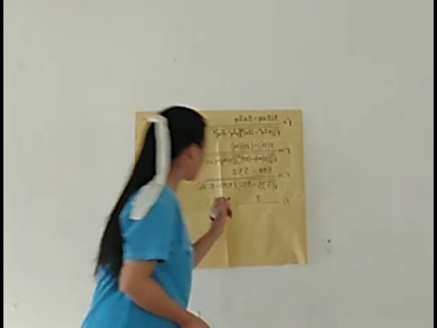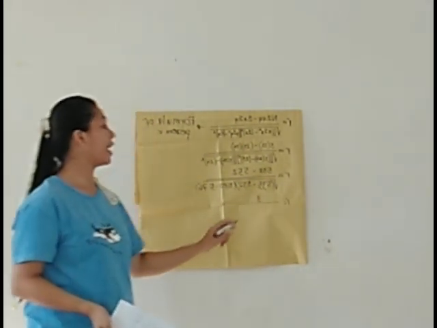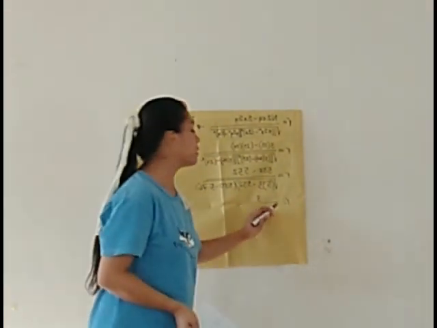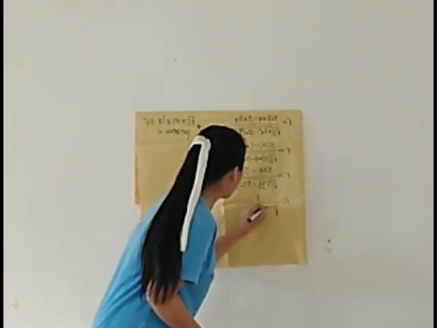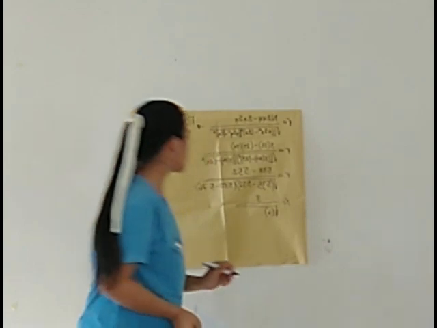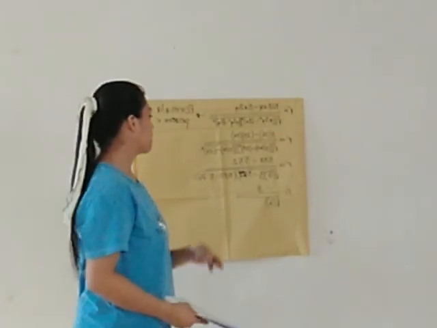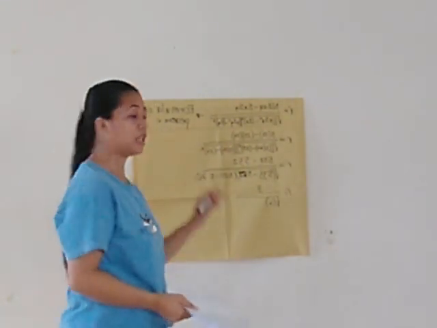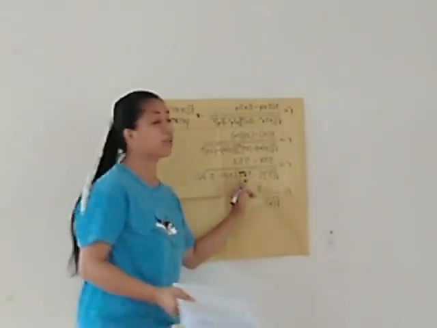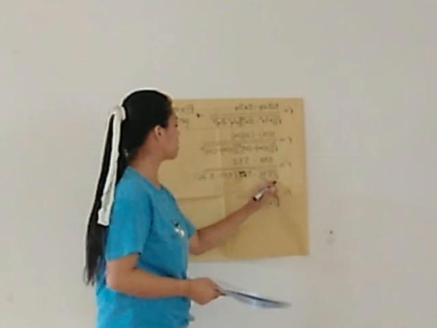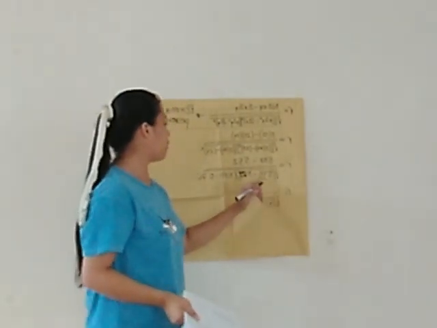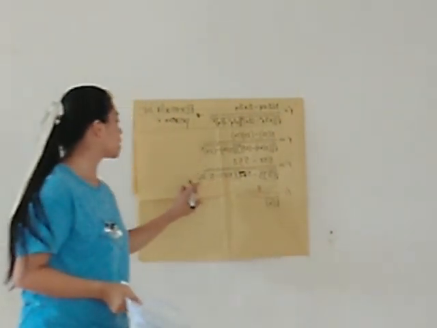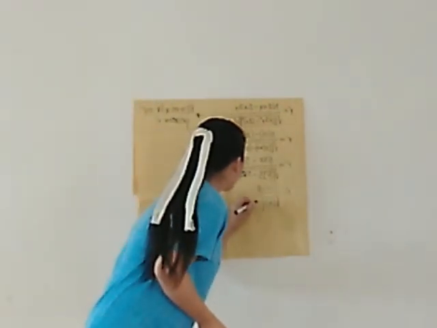Obviously 3 over the square root of, 535 minus 529 is equal to 6. So 580 minus 576 equals 4.